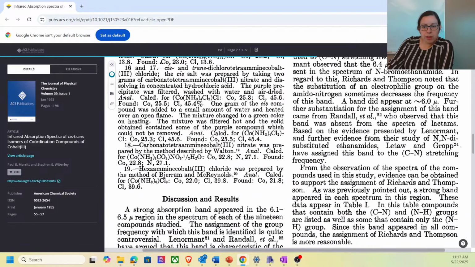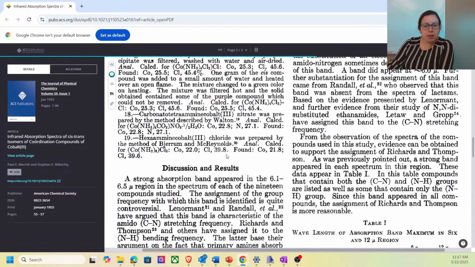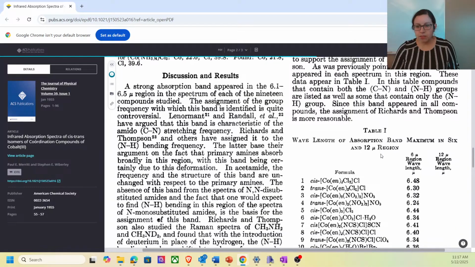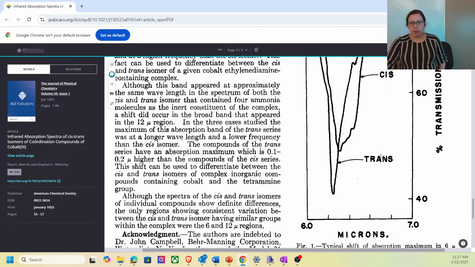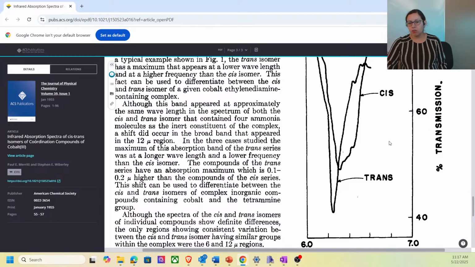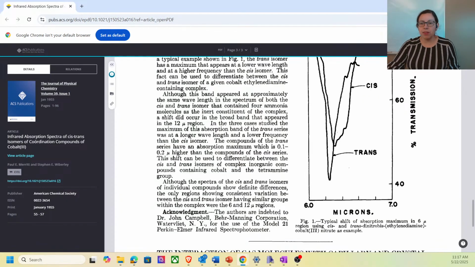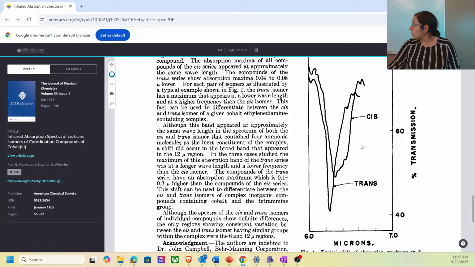And so then the point of the paper is they were looking at the IR stretching frequencies, so measuring the difference in absorption. What's cool about the cis and trans isomers is they have different stretching frequencies, so you can distinguish them by a lot of different methods, but IR spectroscopy is one of the ones more commonly used, and it's pretty accessible.